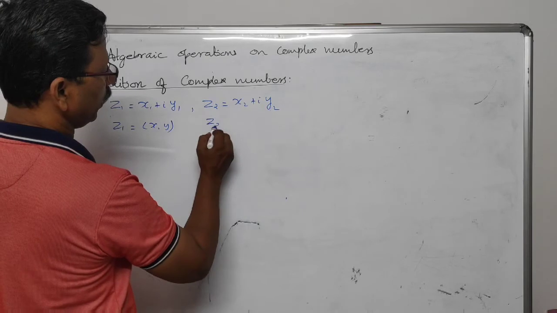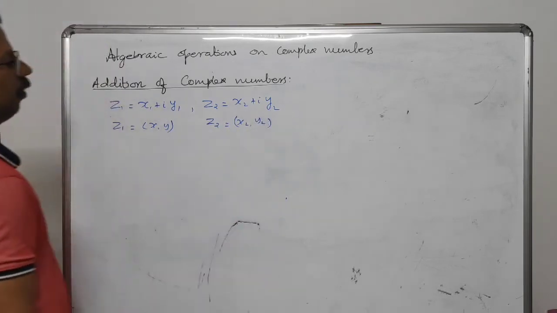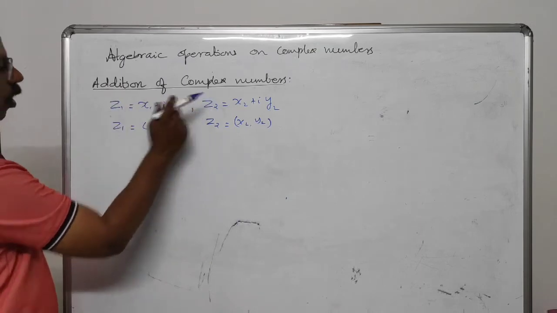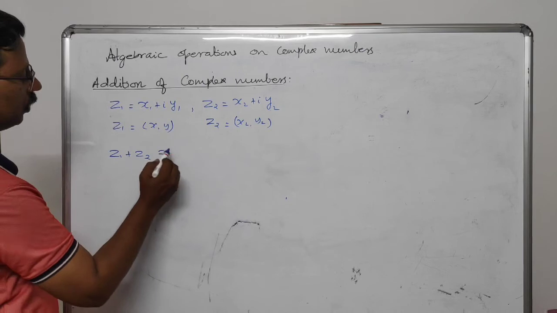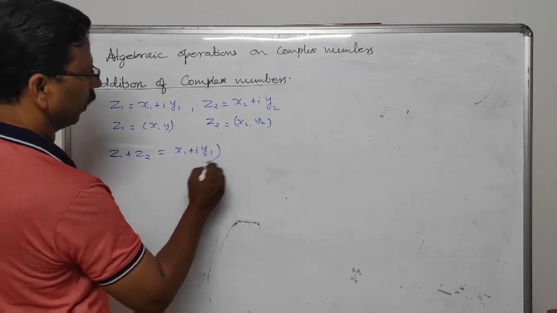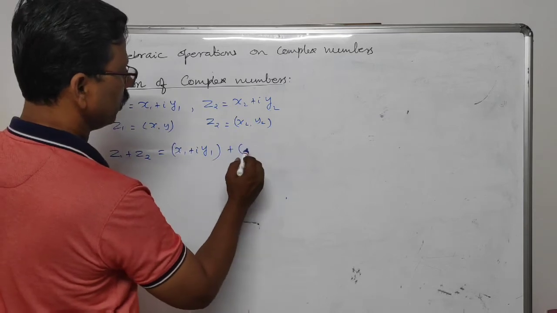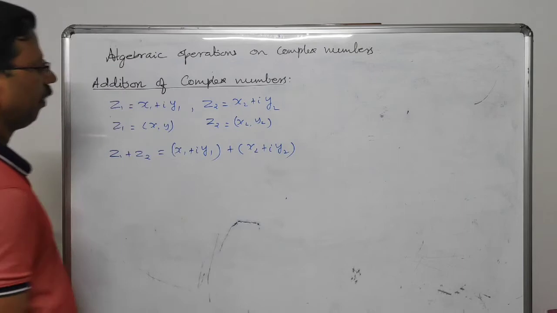Now z2 can be written as x2 comma y2. Now we want to find the sum of these two complex numbers: z1 is equal to x1 plus iy1, plus z2, which is x2 plus iy2. Now I have to add this.